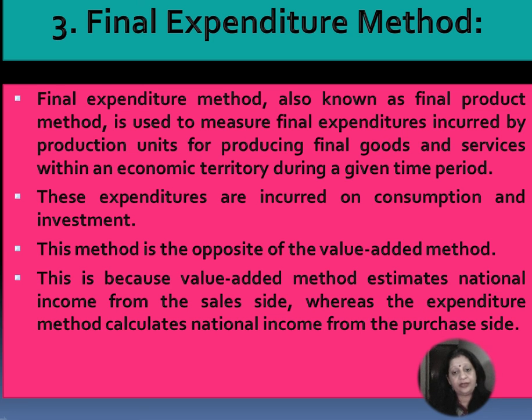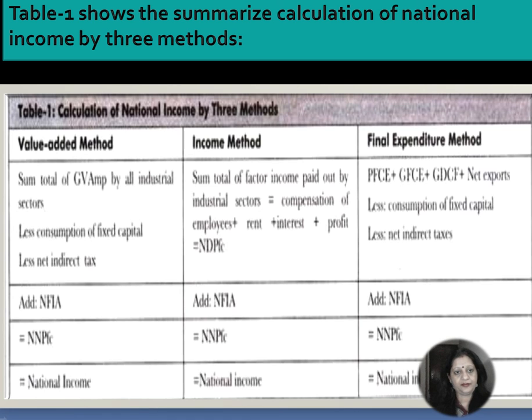This is because value added method estimates national income from the sales side, whereas the expenditure method calculates national income from the purchase side. This is the basic difference between the two. This table summarizes the calculation of national income by the three methods: value added, income, and final expenditure method.